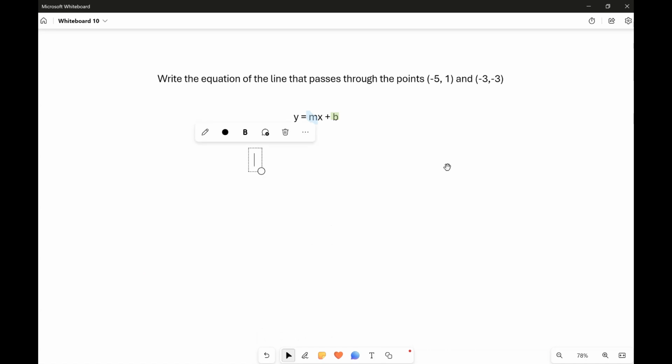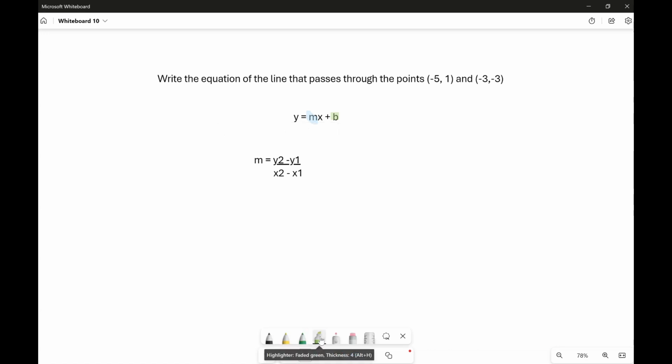Remember that the slope formula is where m is equal to y2 minus y1 over x2 minus x1. So we have to decide which is our point 1 and which is our point 2.